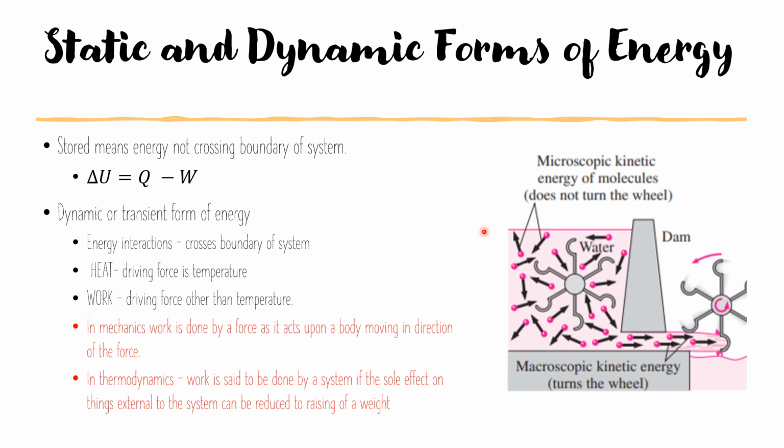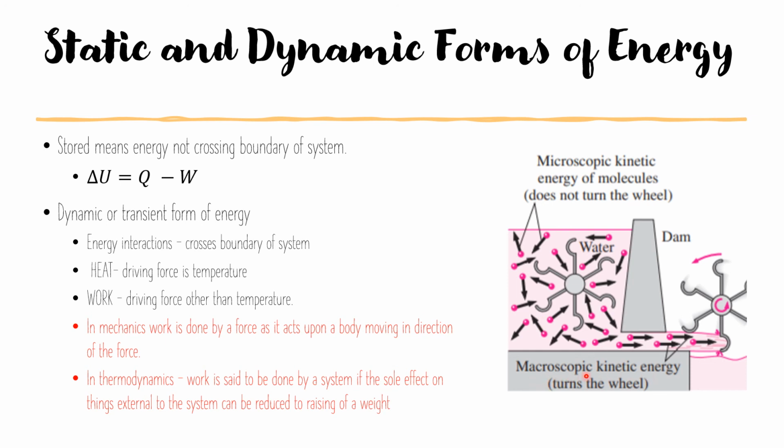A distinction should be made between the macroscopic kinetic energy of an object as a whole and the microscopic kinetic energies of its molecules that constitute the sensible internal energy of the object, as shown in the figure. The macroscopic kinetic energy is an organized form of energy, this one, and is much more useful than the disorganized microscopic kinetic energy of the molecules.